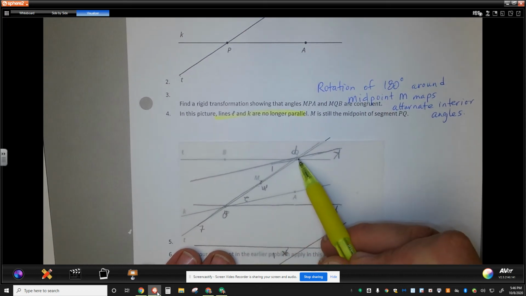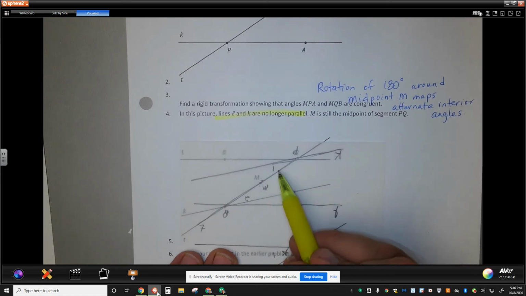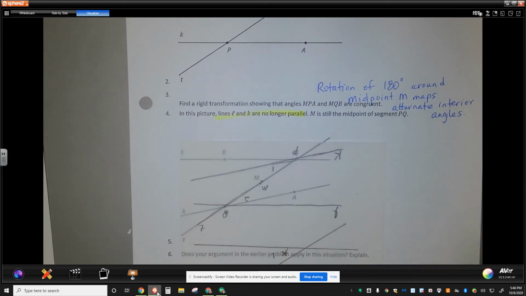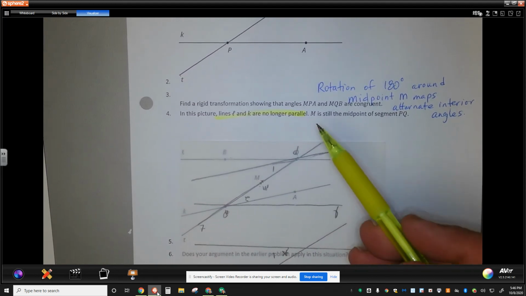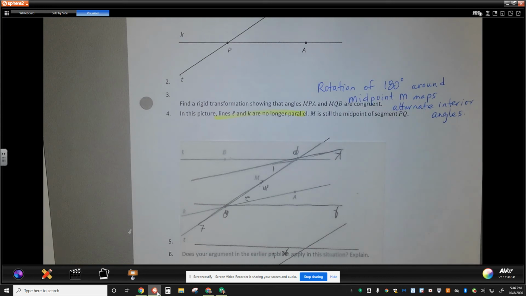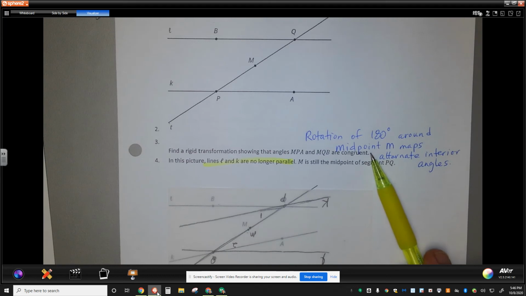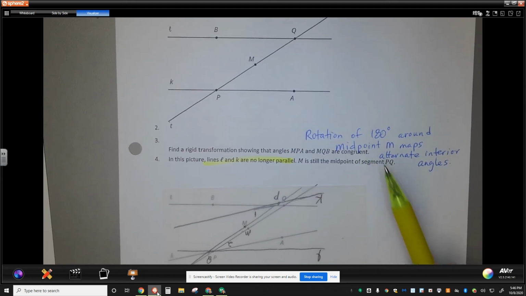So P is in place of Q, and Q is in place of P. And we see that angle 1 is actually much smaller than angle 2. And our argument from earlier that alternate interior angles are always congruent, that's not true. They're still alternate interior angles, but they're only congruent when the lines are parallel. And we know that that is true because of our evidence of rigid motion, or rigid transformation.